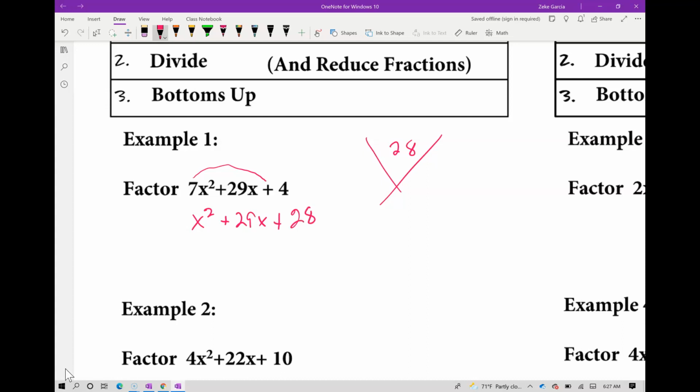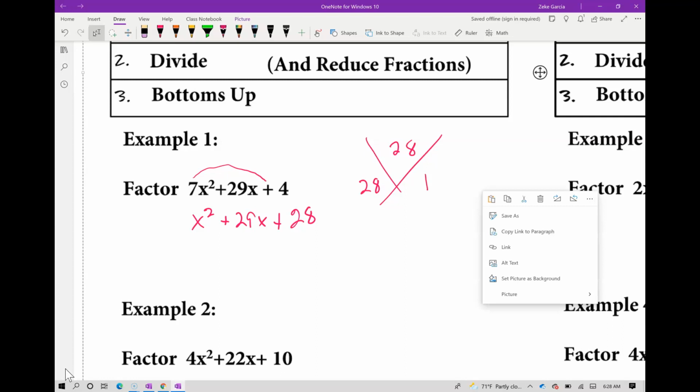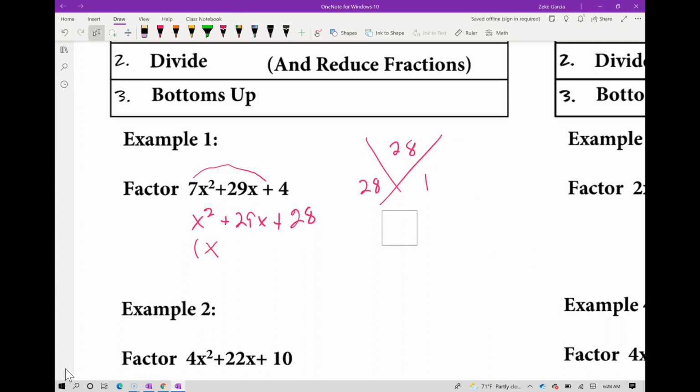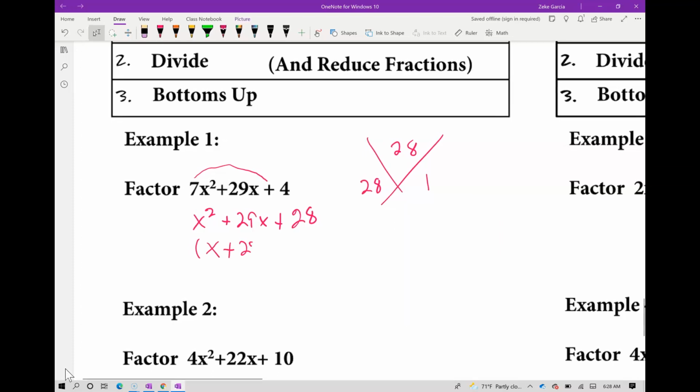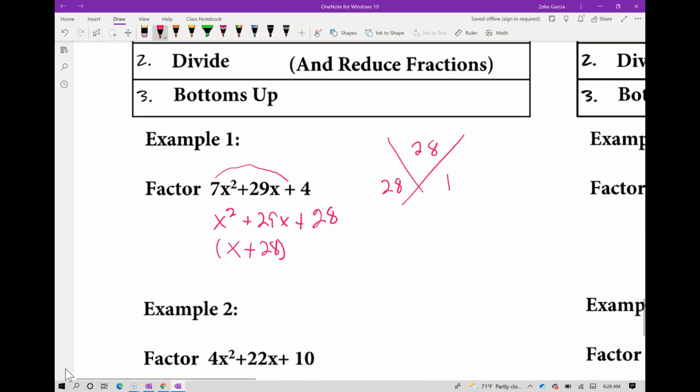Then you're going to find the factors of 28 that will add up to give you 29, and we know that it's going to be 28 and 1. So we have parentheses: the first factor is x plus 28 times x plus 1.